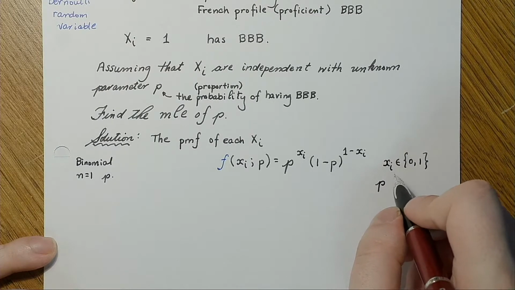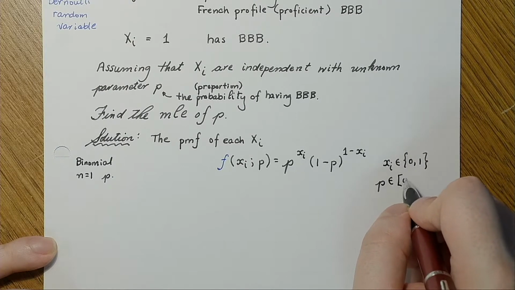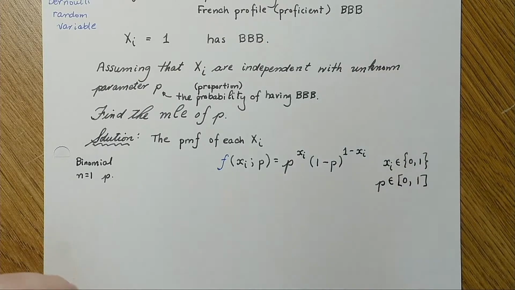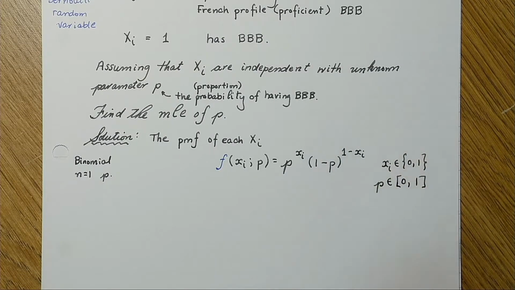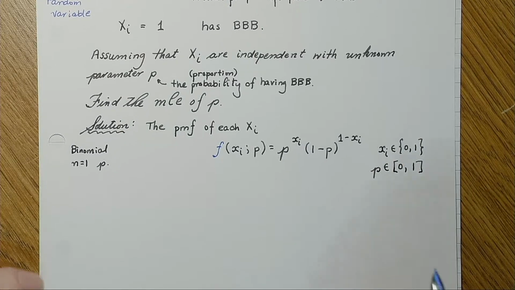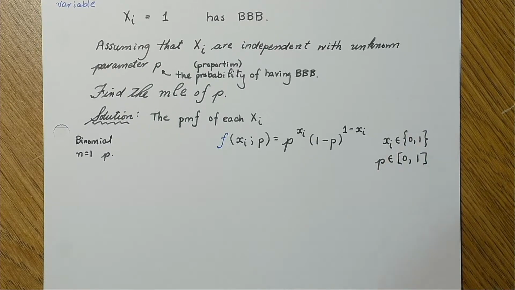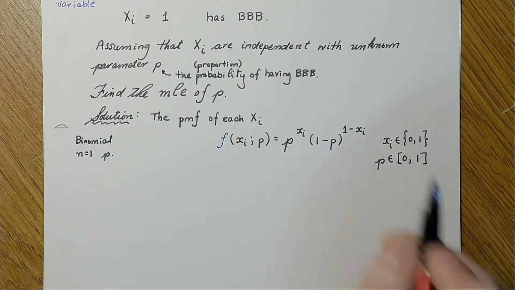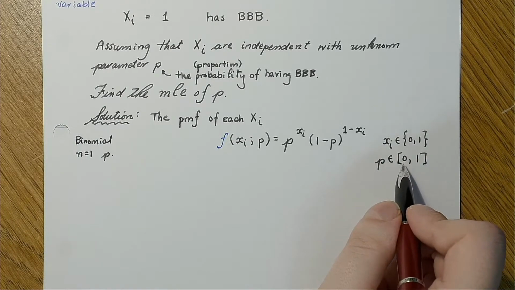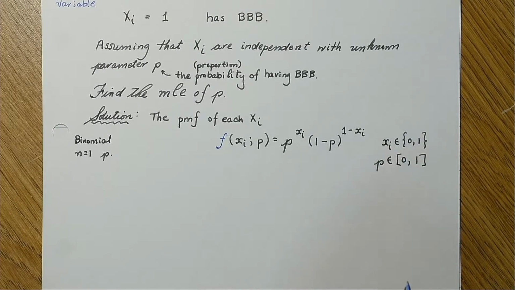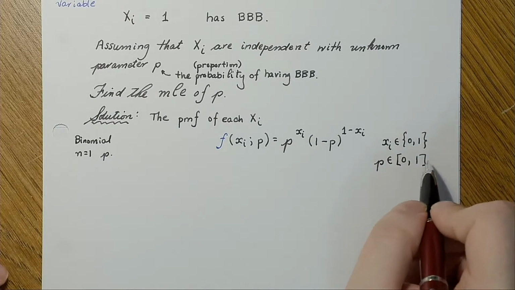And p has to be bounded between 0 and 1. I think I could include it or exclude it, it's up to you, but let's use closed. We'll leave in the possibility that everyone could have it or everyone doesn't. So it would be very boring. There would be no need for p if it was either 0 or 1. But okay, we'll have to maybe revisit this.